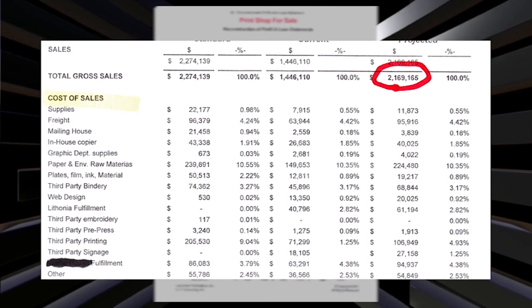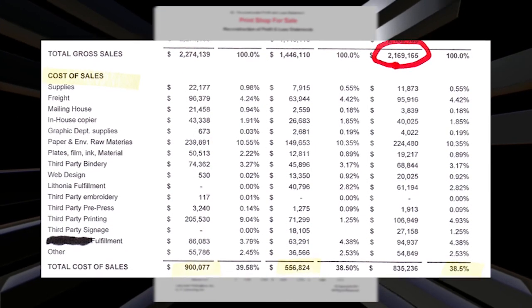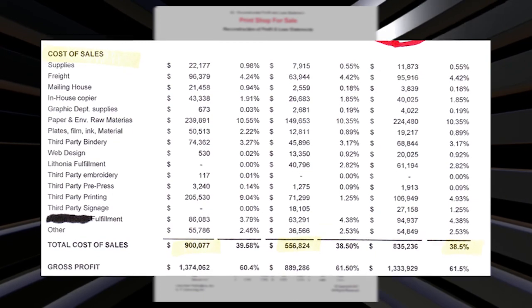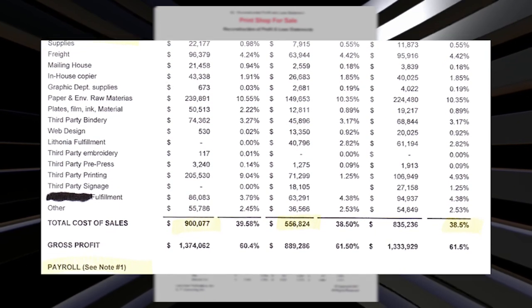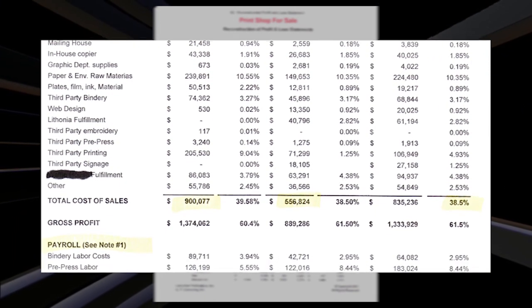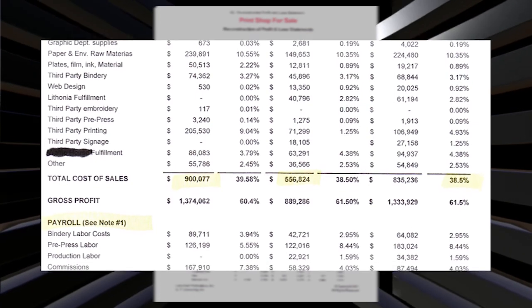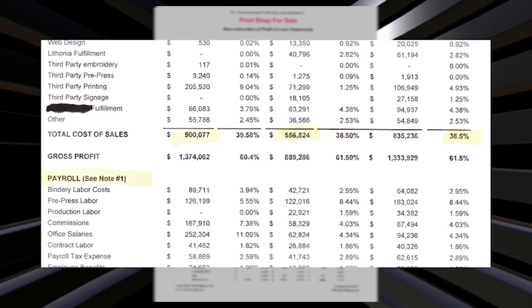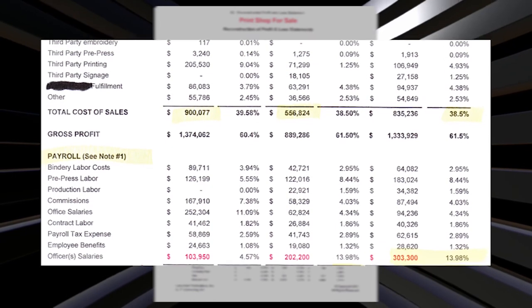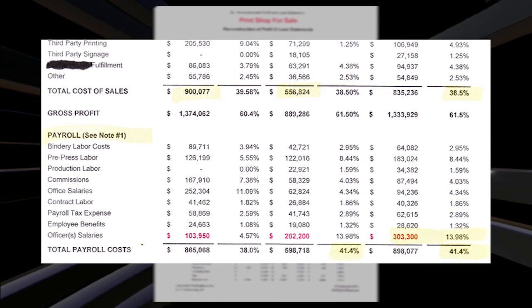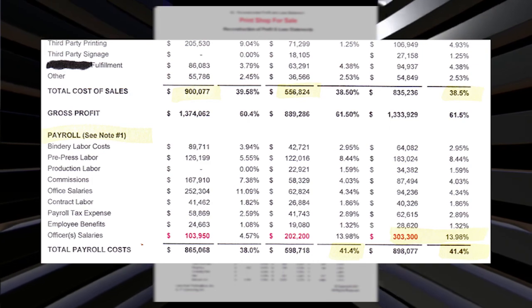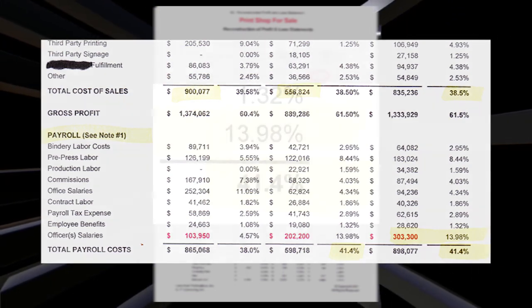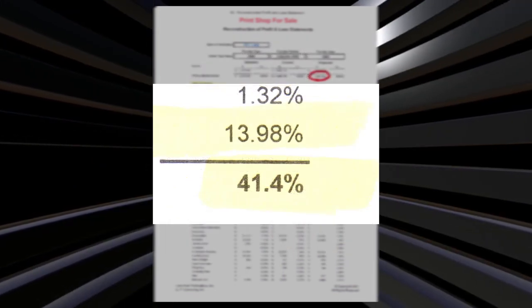He had his cost of sales, and we're projected out here. After I extracted all the payroll expenses under a separate category, which was bindery labor, pre-press labor, office salaries, commissions, contract labor, payroll tax expenses, etc., it turns out this gentleman has a payroll expense of 41.4%.